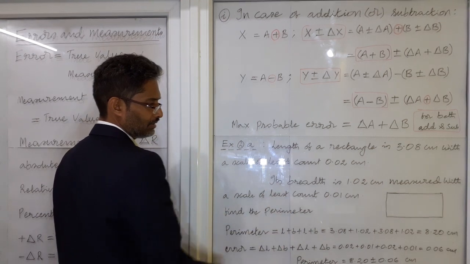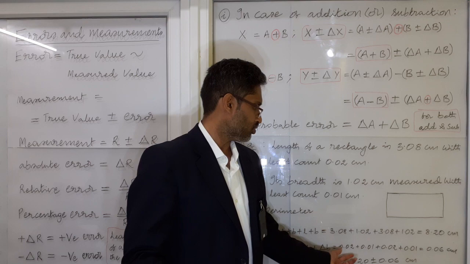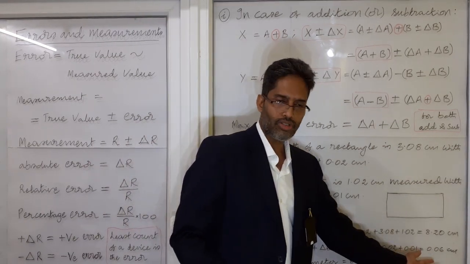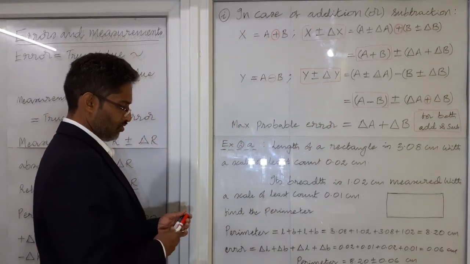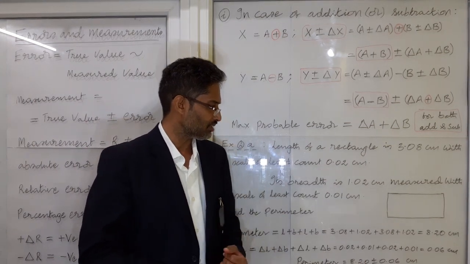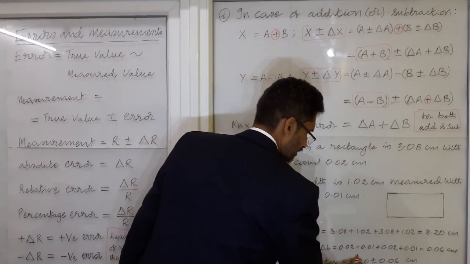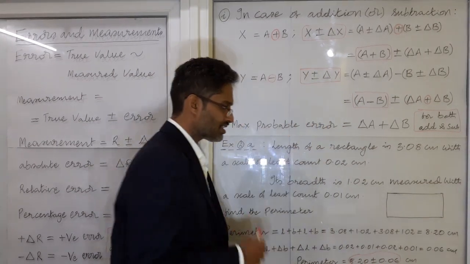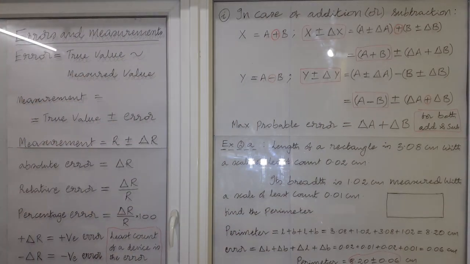So the error in the perimeter is 0.02 plus 0.01 plus 0.02 plus 0.01, which is 0.06 centimeters. Finally we can report the perimeter as 8.20 centimeters plus or minus 0.06 centimeters. In this, 8.20 is the true value and 0.06 centimeters is the error, right? That is about addition.